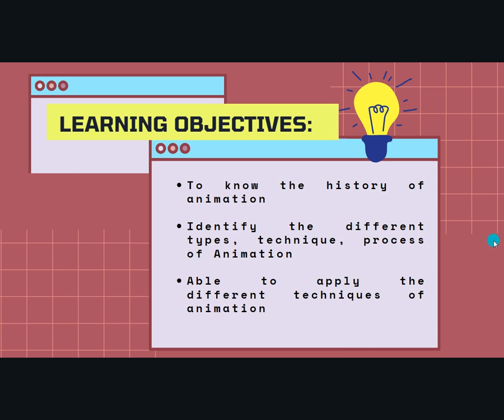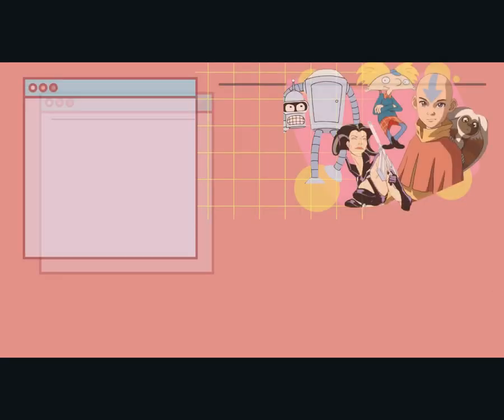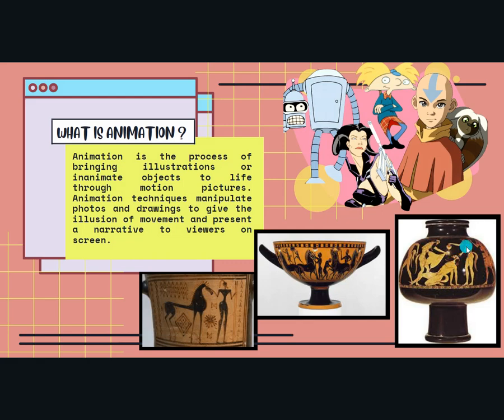First, we're going to ask what is animation. By definition, animation is the process of bringing illustration or inanimate objects to life through motion pictures. Animation techniques manipulate photos and drawings to give the illusion of movement and present a narrative to viewers on the screen.